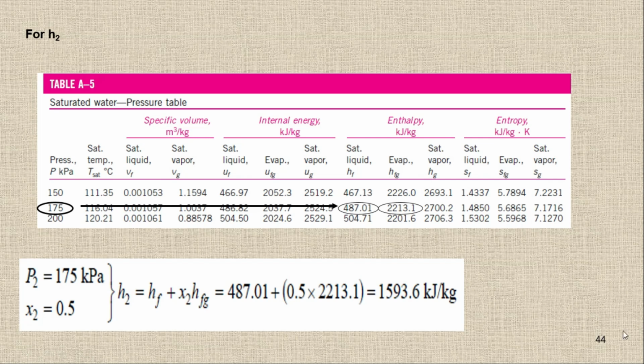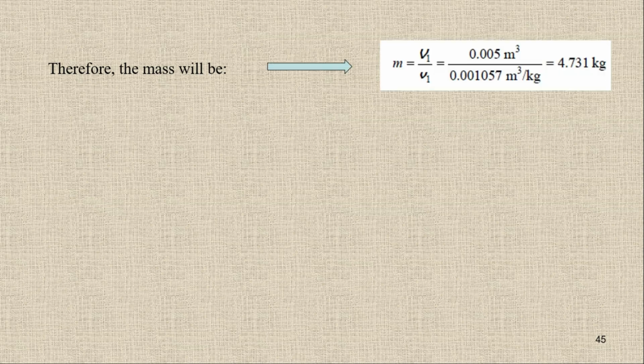But the mass value was not determined in the previous slides. So mass is simply the initial volume V1 divided by the specific volume at state 1. So it's 0.05 meter cube divided by 0.001057 meter cube per kg, and at the end you will get 4.731 kilogram of the mass inside the piston cylinder device.